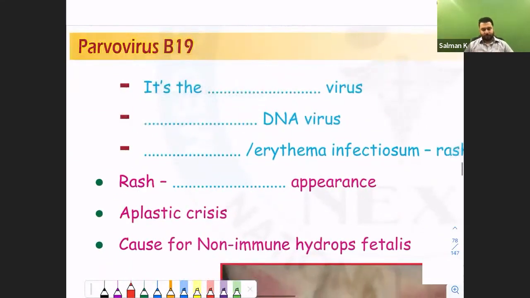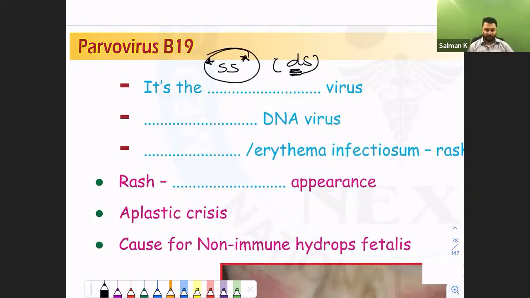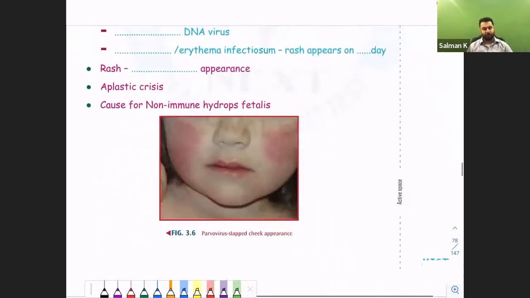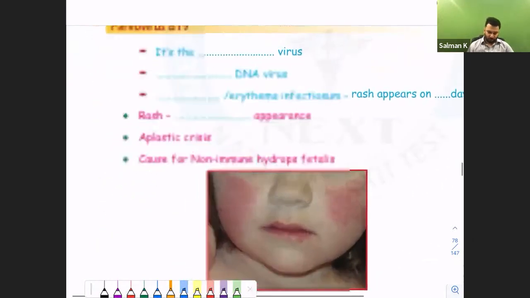Next is parvovirus B19. Parvovirus B19 is the single-stranded, smallest naked DNA virus. Single-stranded is the important word because all the DNA viruses are double-stranded. DNA is always double-stranded. This is one exception, a single-stranded DNA virus. Everybody knows the characteristic part of this, the slap cheek appearance. So what is this disease?